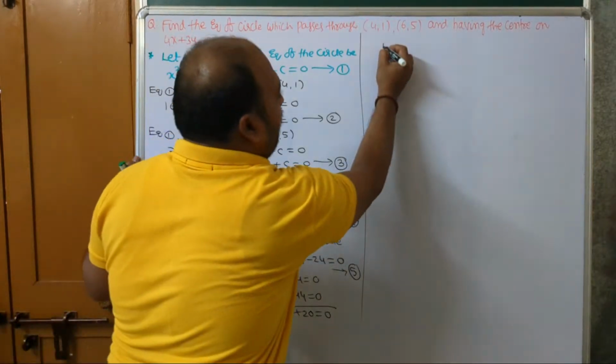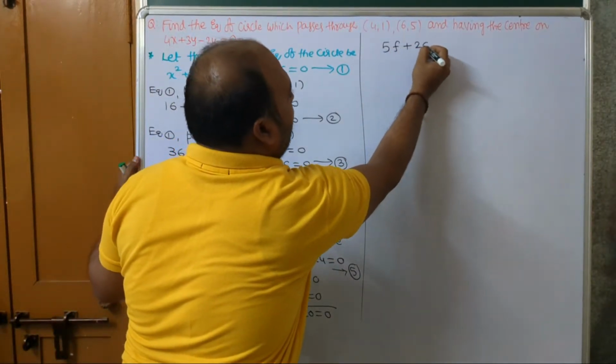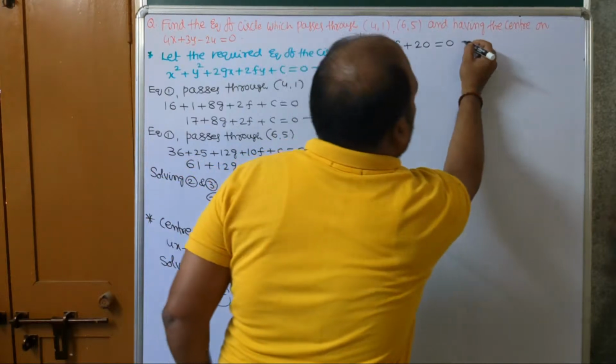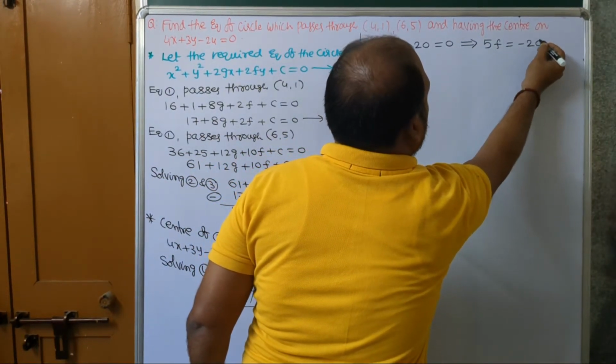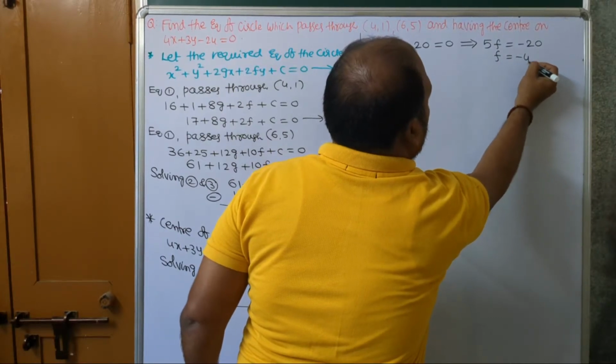So 5f plus 20 equal to 0. That implies that 5f is equal to minus 4... that is, 5f is equal to minus 20, f equal to minus 4.